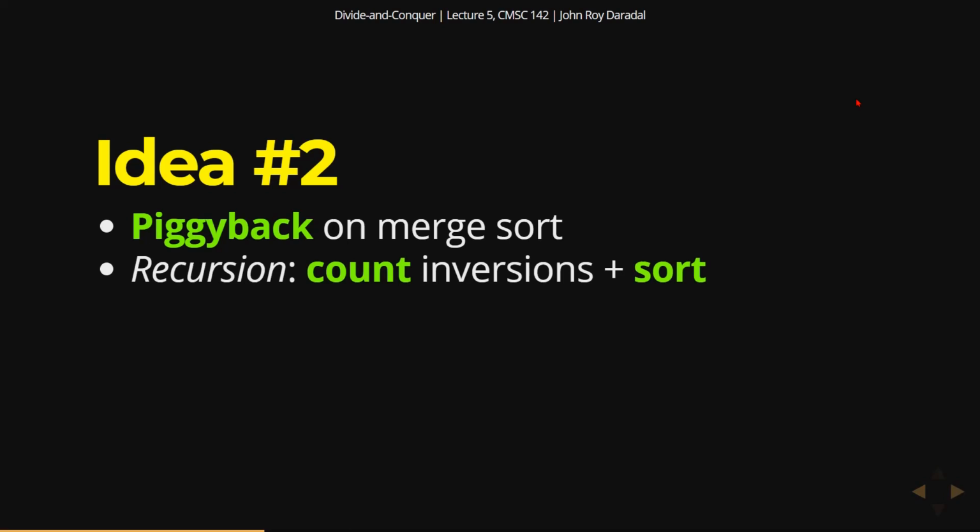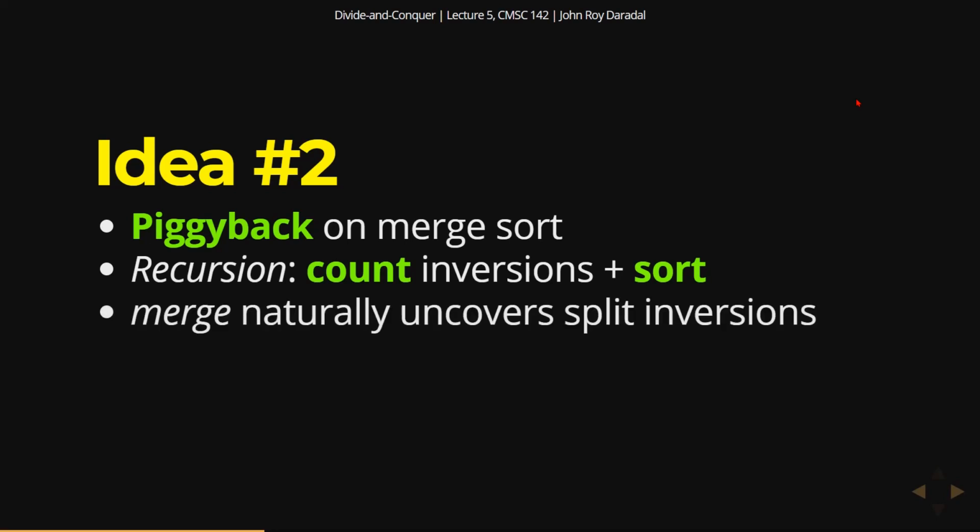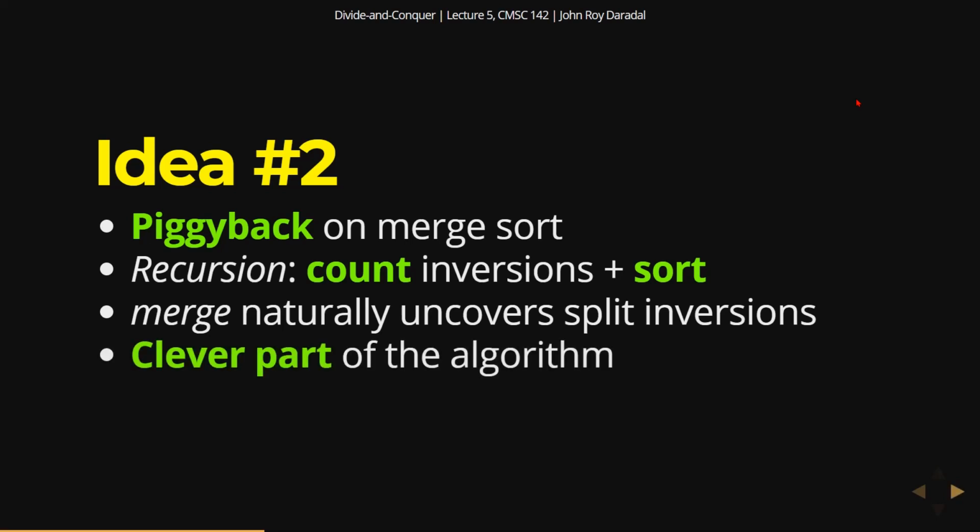So what we'll do is during the recursion, we will count the inversions and sort the array in the process. We'll find out later on that the merge step of merge sort naturally uncovers the split inversions, so that we can count them in linear time. This is actually the clever part of the algorithm.